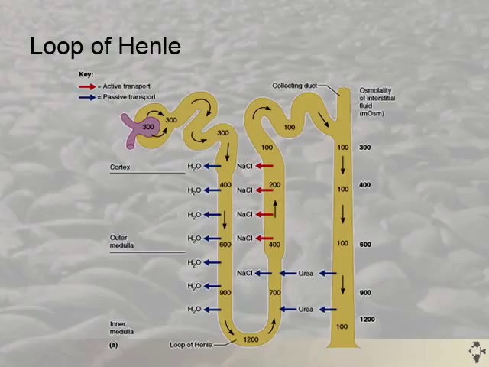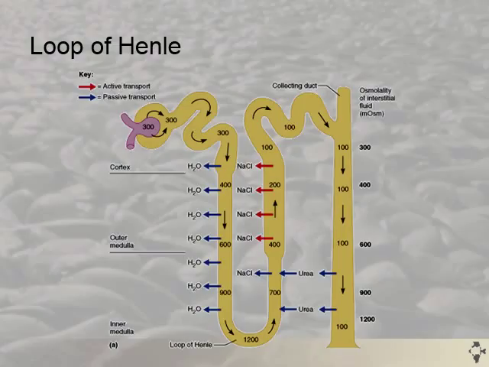So it's being released at a concentration of 100 milliosmoles, much, much lower than the typical concentration of 300 milliosmoles per kilogram in the body fluids. So it's by this means that the fish is able to excrete excess water.